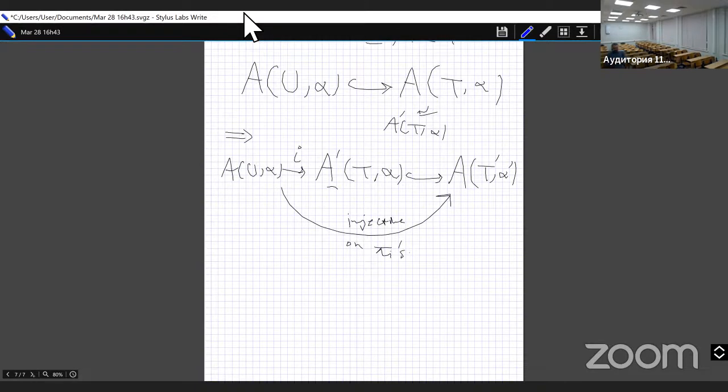The point is we have a retraction R from T prime to U. When we have a retraction, it shows that this map is injective. It's even split injective. So it shows that this I is injective.